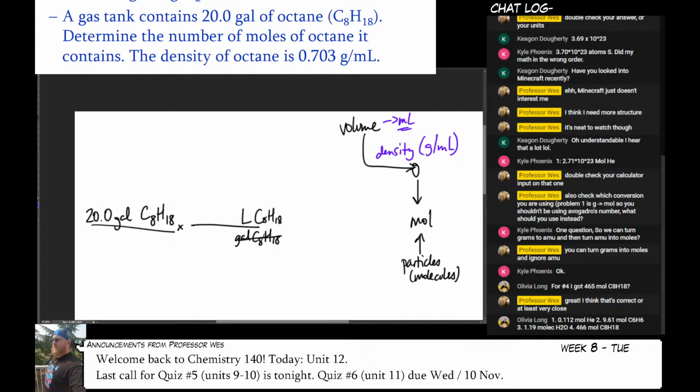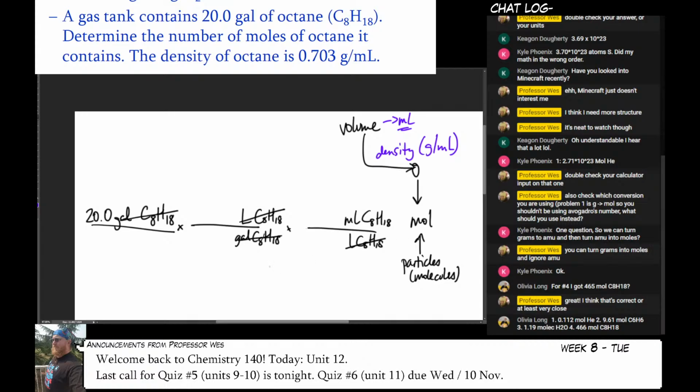I'm going to turn gallons into liters. And then I'll turn liters into milliliters. And so when I hit enter on my calculator, that should give me the number of milliliters, right? Now I've run out of space.